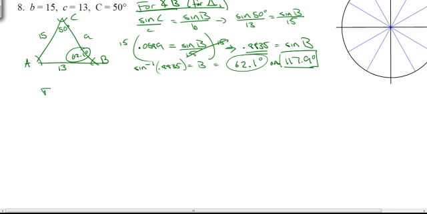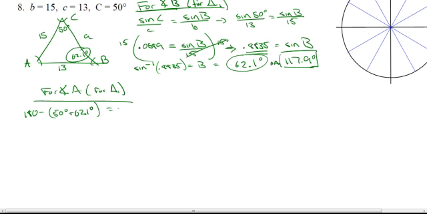For angle A, for our first triangle, I'm simply going to add 50 degrees plus 62.1 degrees, and whatever that sum equals, I will take from 180 degrees, and that gives me 67.9 degrees. Now I can go ahead and label this here, 67.9 degrees.